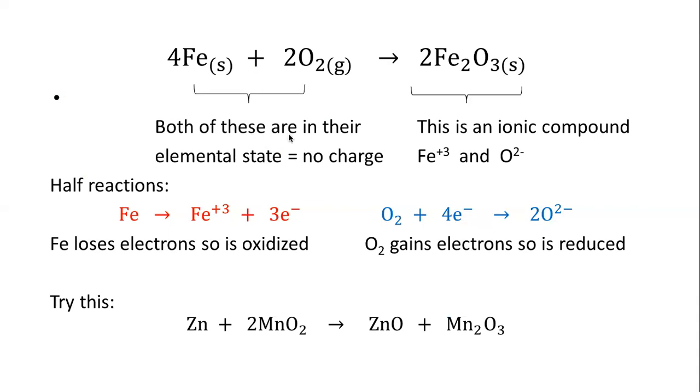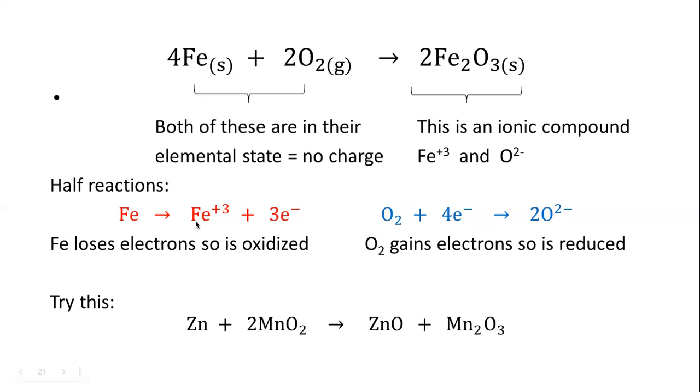They have no charge. But in this ionic compound, the iron has a +3 charge and the oxygen has a 2 minus charge, meaning that the iron lost electrons and the oxygen gained electrons. So this indeed is a redox reaction.